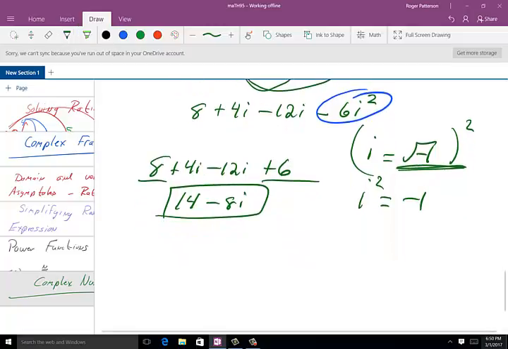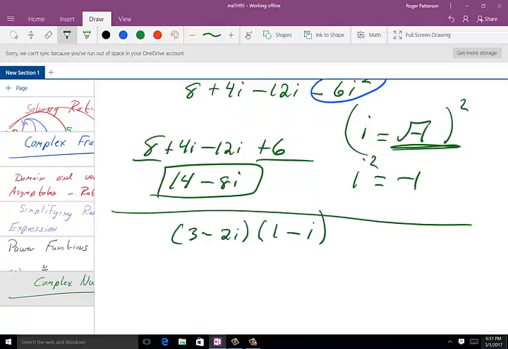So let's walk through another one. Okay, so here's another one. All right, we're multiplying, so we're going to FOIL. So I'm going to step through it. So there's my 3.